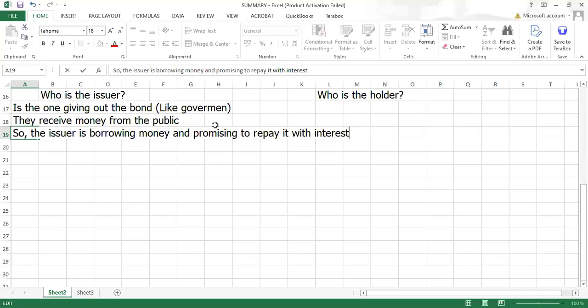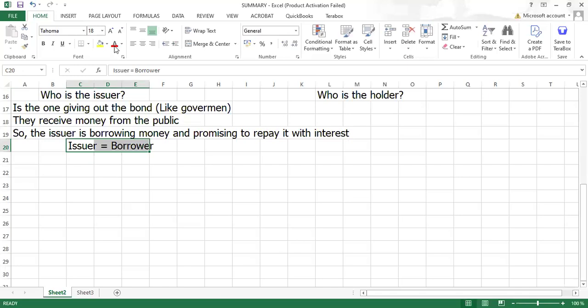It means that the issuer is the same as the borrower. You give out the bond, but as you give out the bond, you are receiving money from the public. That money is not yours. You're borrowing that money from the public. That's why we say that the issuer is like the borrower.